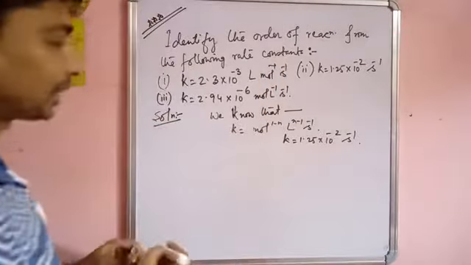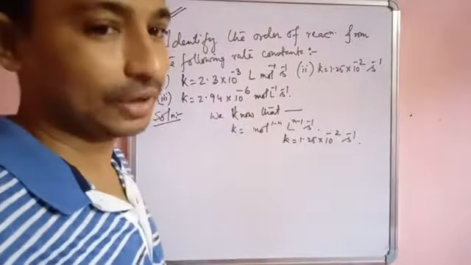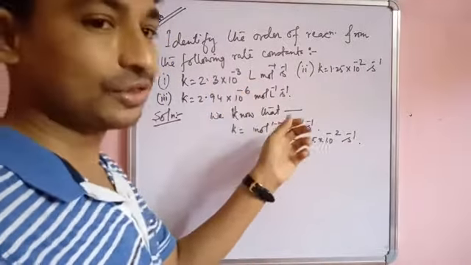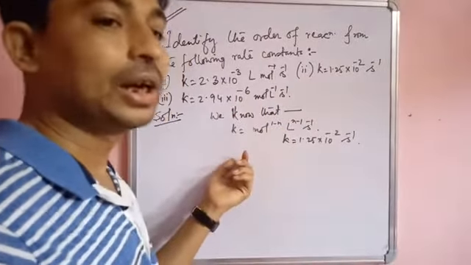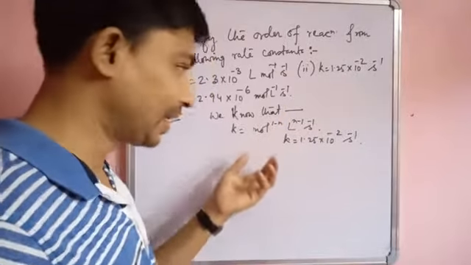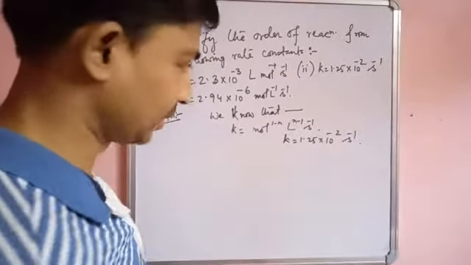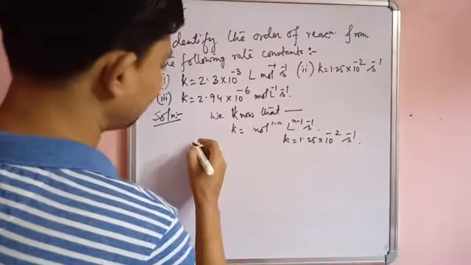Don't bother about the numerical value of k. You just concentrate on the units. From the units of the rate constant, we can find the order of reaction. So now let's go on putting in values.